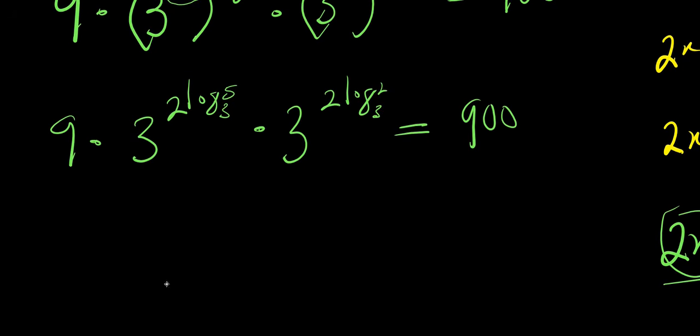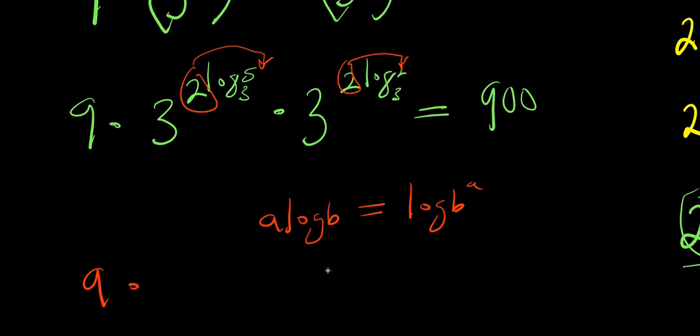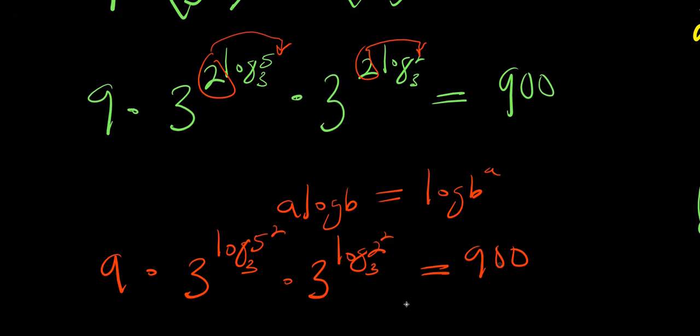So if you have a times log b, this equals log b power a. This will come on top of this, and this will come on top of this. So we have 9 times 3 power log 5 power 2 to the base of 3 times 3 power log 2 power 2 to the base of 3 equals 900.